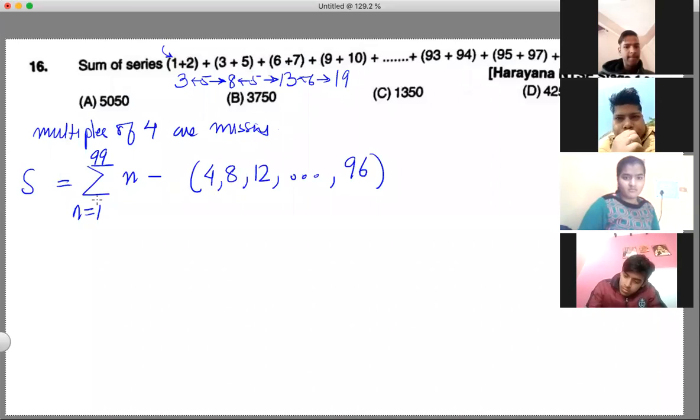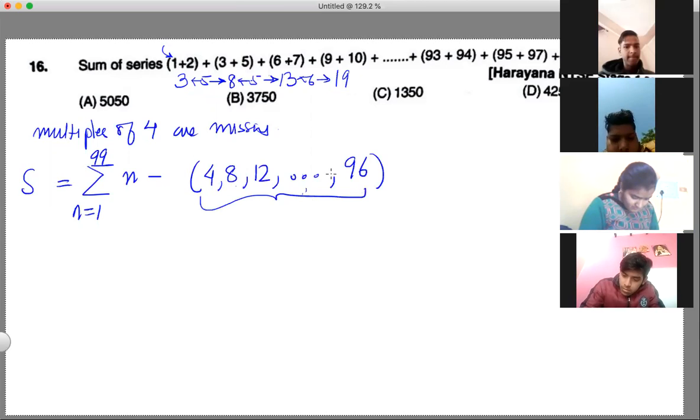Now this is an AP, this also is an AP. Right? How many terms are there in this AP? 24 terms.